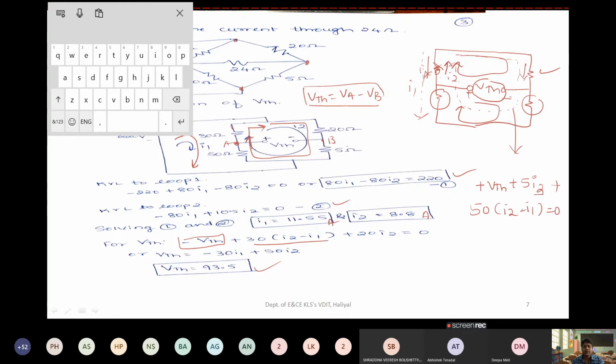Put the values of I2 and I1. You should get again VTH equal to 93.5 or a nearer value. Sometimes you may get 94 also, no need to worry.